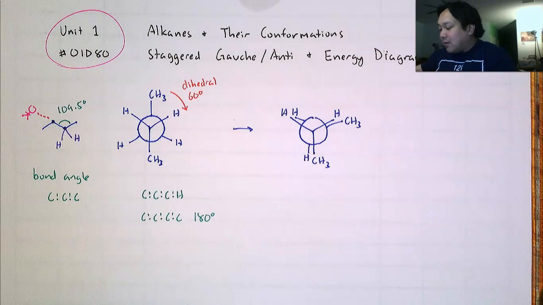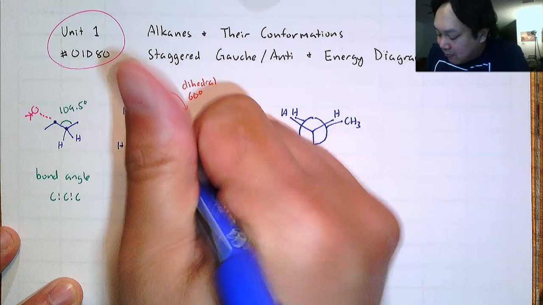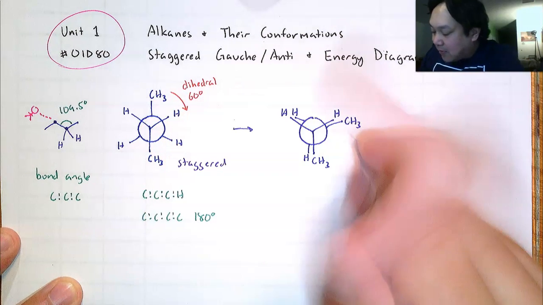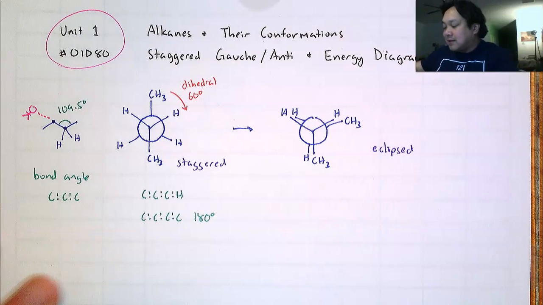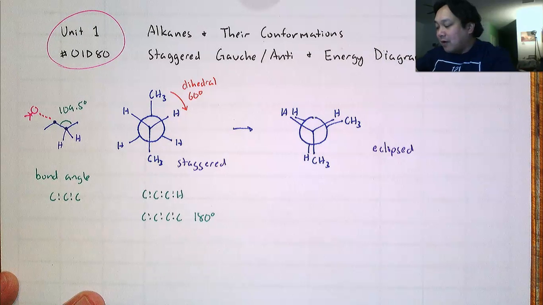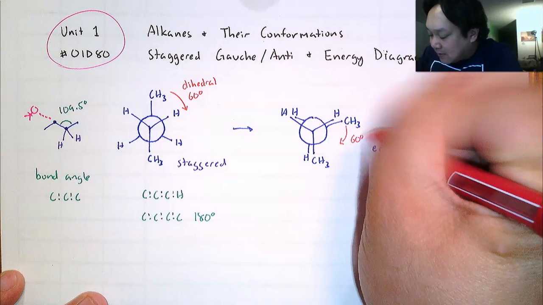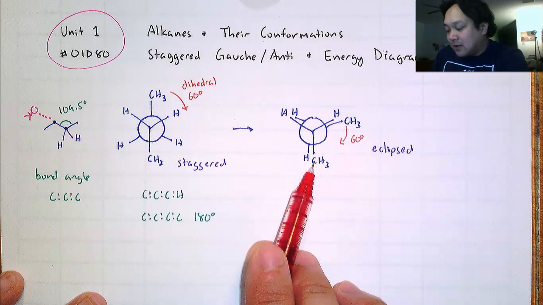But what I'm also concerned about is, it's a little bit crowded, but we have here staggered, and here we have eclipsed. We did this in the previous video. We drew the 4 main conformations, but let's go ahead and do it again. Another 60 degrees. If I did 120, I would draw the arrow all the way to this carbon.